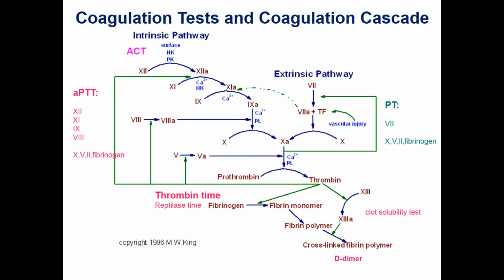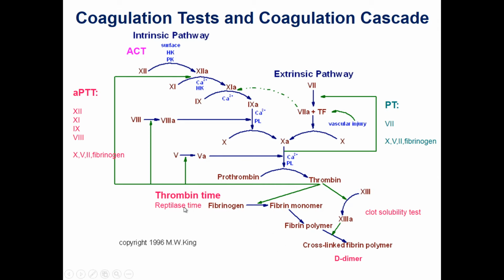Now, this very busy slide is an overview of the coagulation cascade with various coagulation tests and the factors and pieces of the coagulation cascade that are represented in the specific tests. I like to start at the bottom of the coagulation cascade and work backwards with regard to the types of tests.